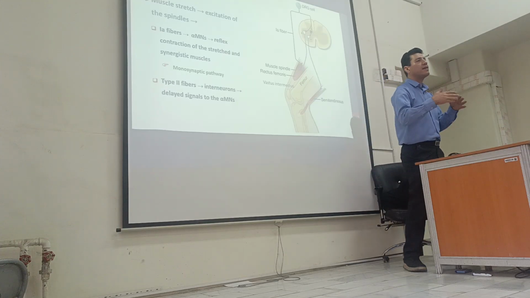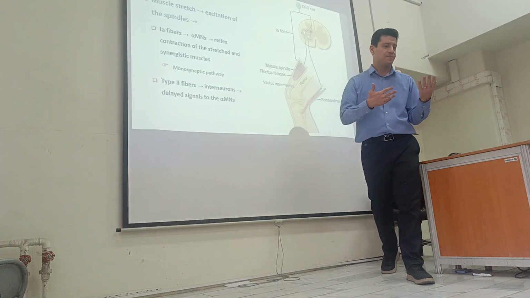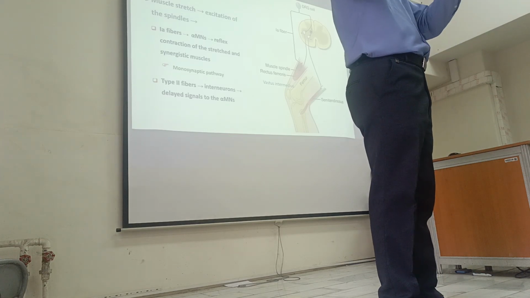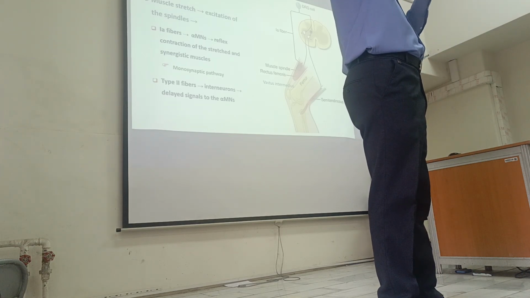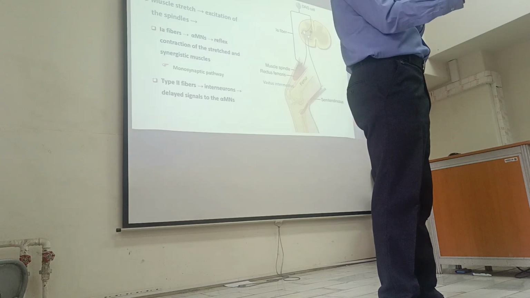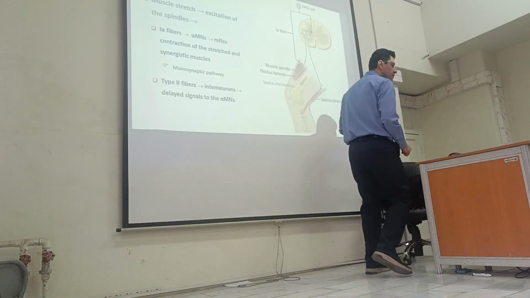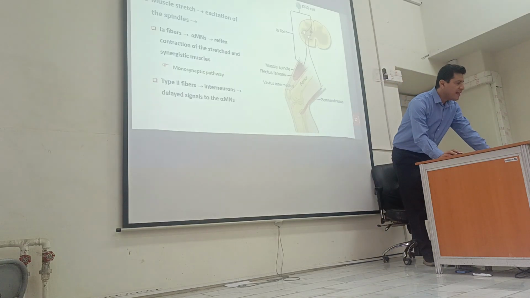So we can now complete our definition of the stretch reflex. Whenever we have a stretch of a muscle, the same muscle contracts, and the antagonist muscle relaxes. Right? So this pathway is called the monosynaptic pathway.